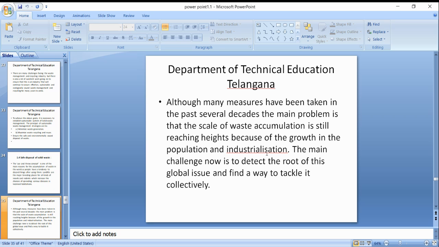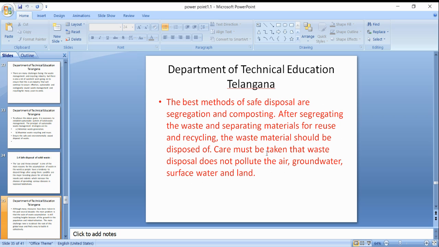Both are getting more growth. So that's why it's becoming a global challenge, how to resolve the issue.